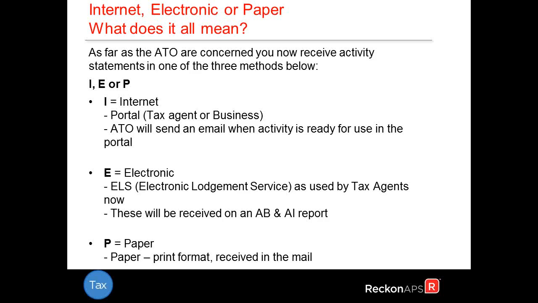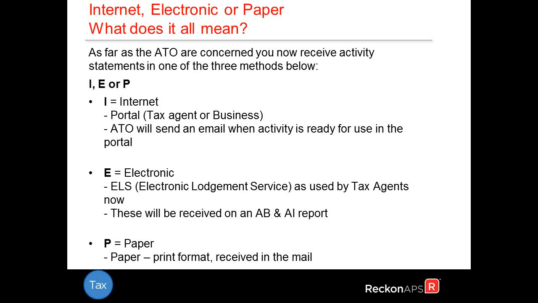The ATO will send an email when the activity statement is ready for use in the portal. There's a little warning around that, which I'll cover later, but essentially the client or the agent will receive an email when the activity statement has been dropped into the ATO portal account. However, that can only occur when an email address has been registered for the client.